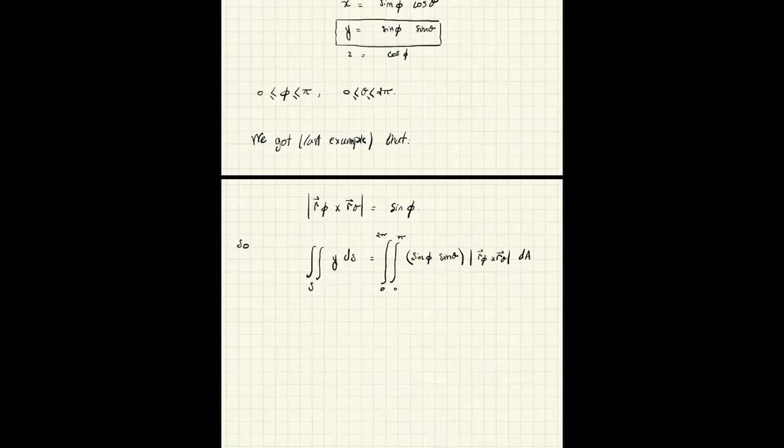Speaking carefully, this is equal to the integral over D. And D is always the domain you get to describe all the surface. Sometimes you may choose polar coordinates; in this case, it's a rectangle, from 0 to pi, 0 to 2 pi.